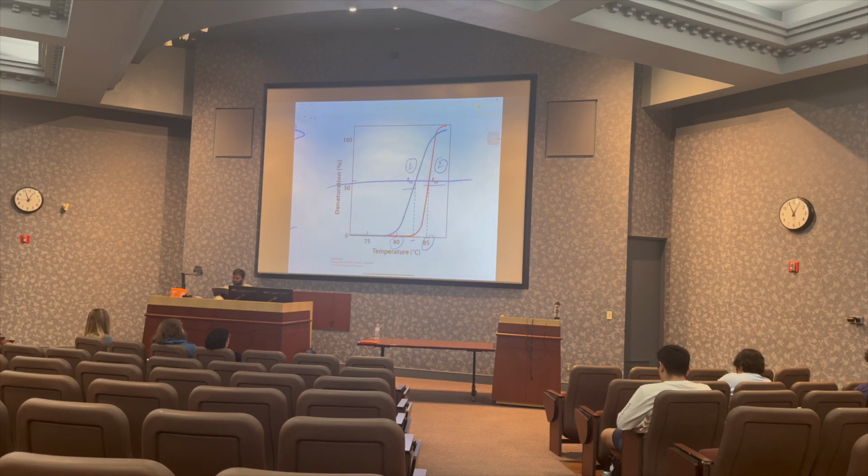This could be 83.5 and this is 85. Which one is more resistant to denaturation? 2 is more resistant to denaturation because more temperature is required to separate the two strands. So this is how Tm is observed.